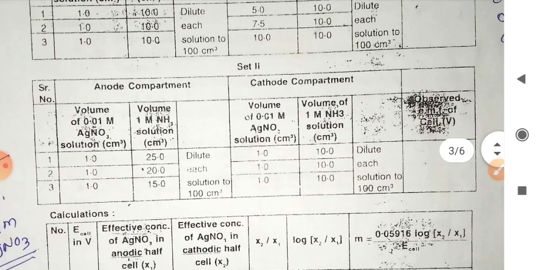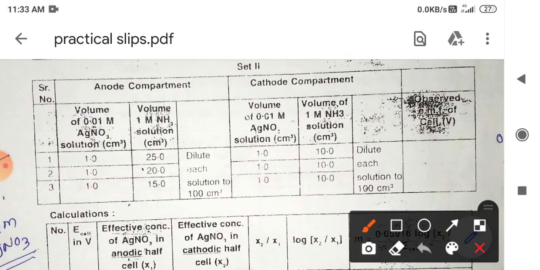Now the second set. In the first set we varied the amount of silver ions.